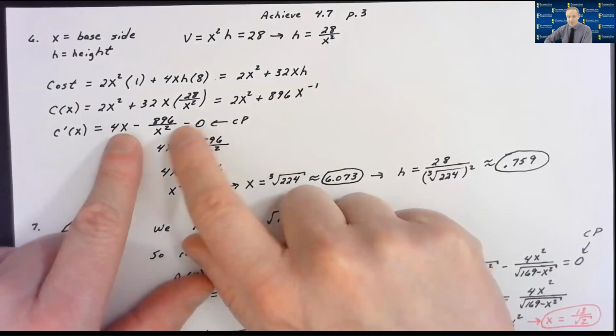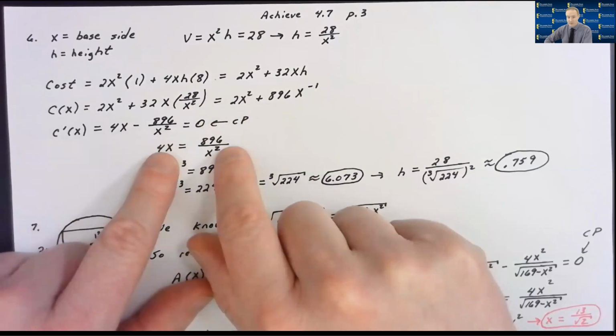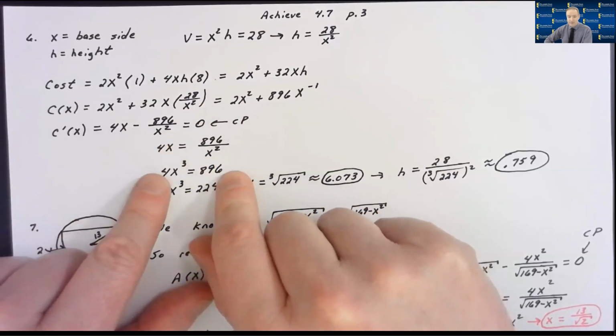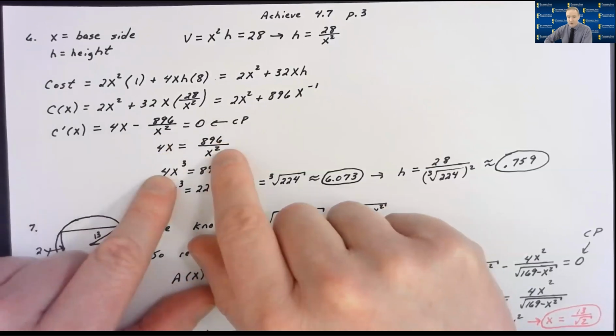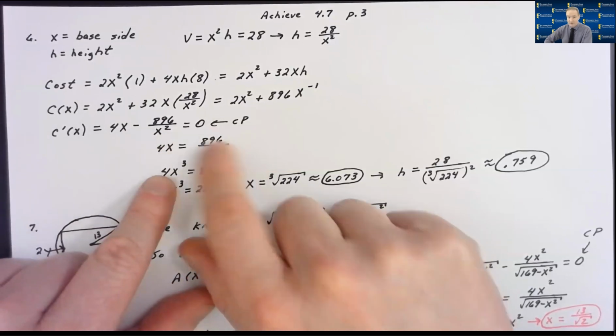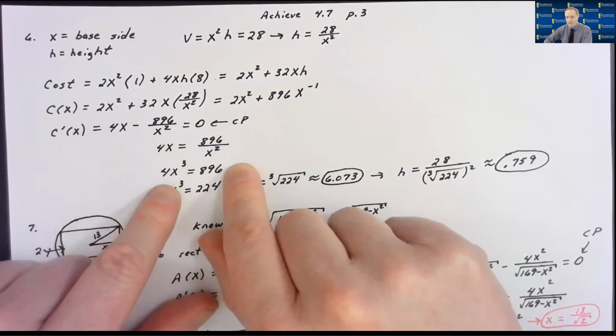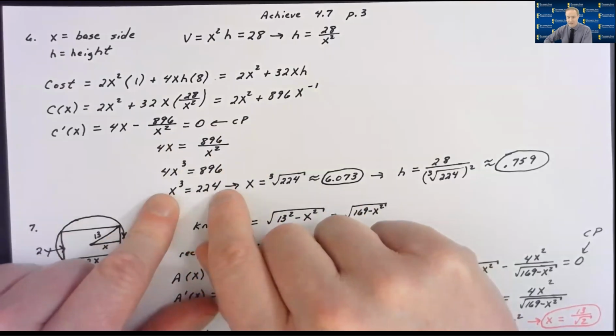So then that 896 over x squared can move to the right and become positive. And from this step to this step, all I've done is multiply by x squared on both sides. It gives me 4x cubed is equal to 896. Therefore, x cubed is equal to 896 divided by 4, which is 224.